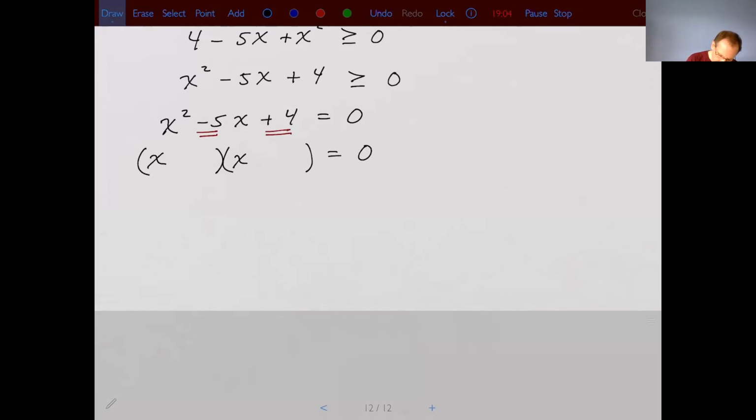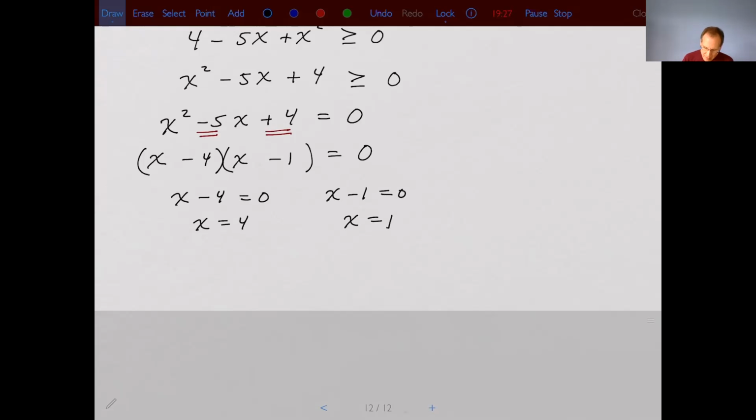It doesn't matter what order I write them in. I'll just do -4, -1. So one possible solution is x minus 4 equals 0, and the other one is x minus 1 is equal to 0. So this one's going to lead to the solution x equals 4, and this will lead to x equals 1.